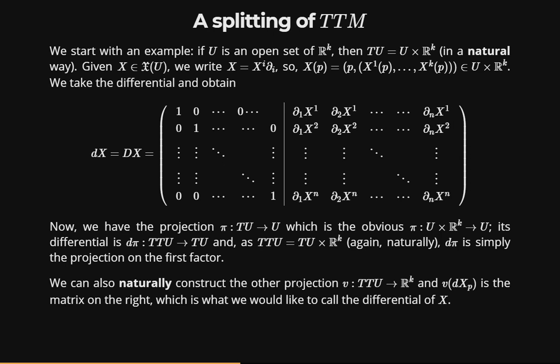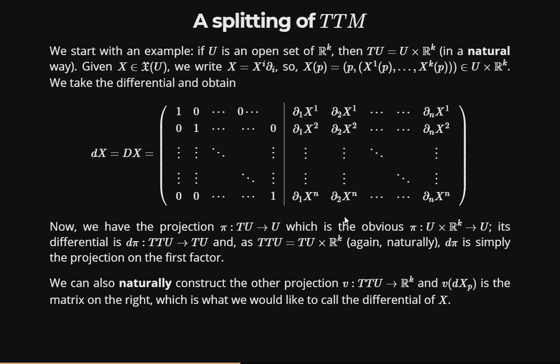Now, we can also, naturally, because it's a product, project on the other factor, Tu, which is Rk, and which gives you this part here.